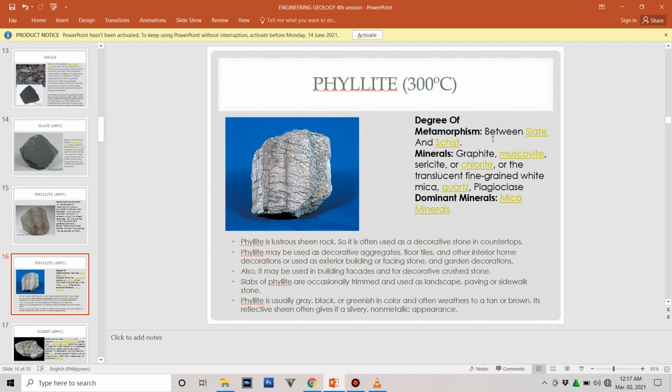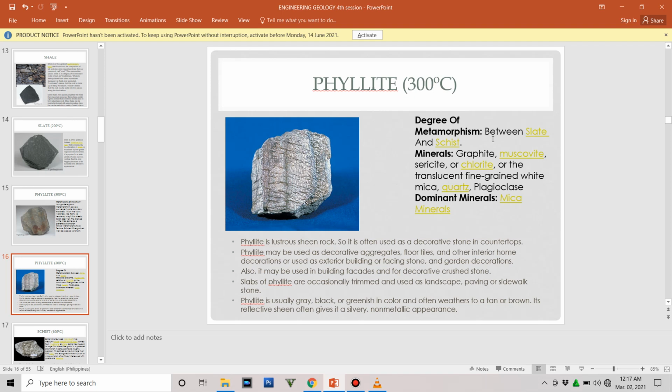And then the most abundant mineral in this phyllite is mica minerals. Okay, so phyllite is a lustrous sheen rock. So it is often used as decorative stone in countertops. So it may be used as decorative aggregates such as floor tiles.